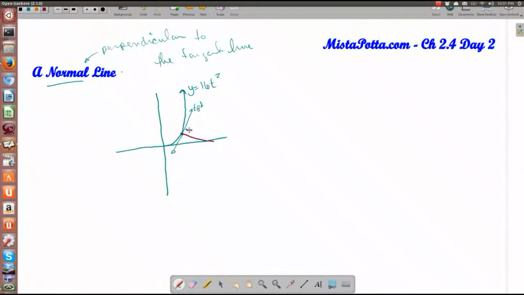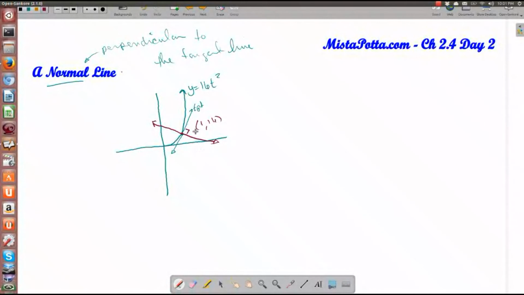But if I want the normal line, my normal line has to be perpendicular to the given line, and still pass through that same point.